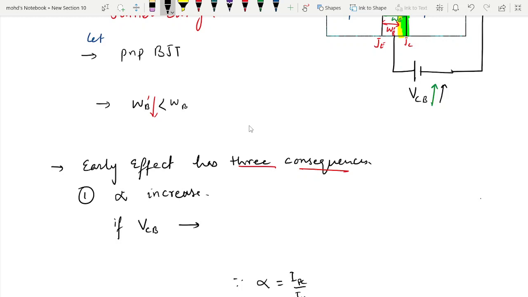Now, the explanation for this: if VCB increases, it leads to a decrease in effective base width, due to which the number of recombinations inside the base region decreases.